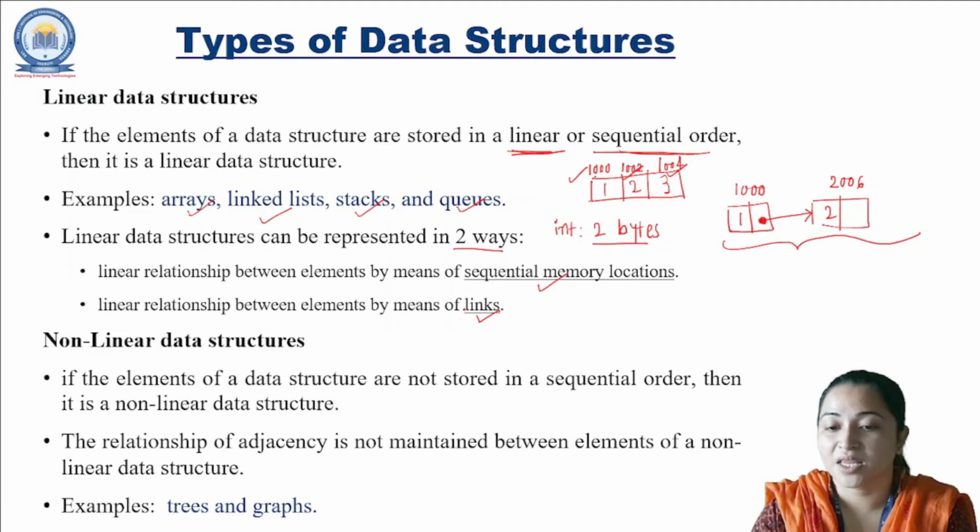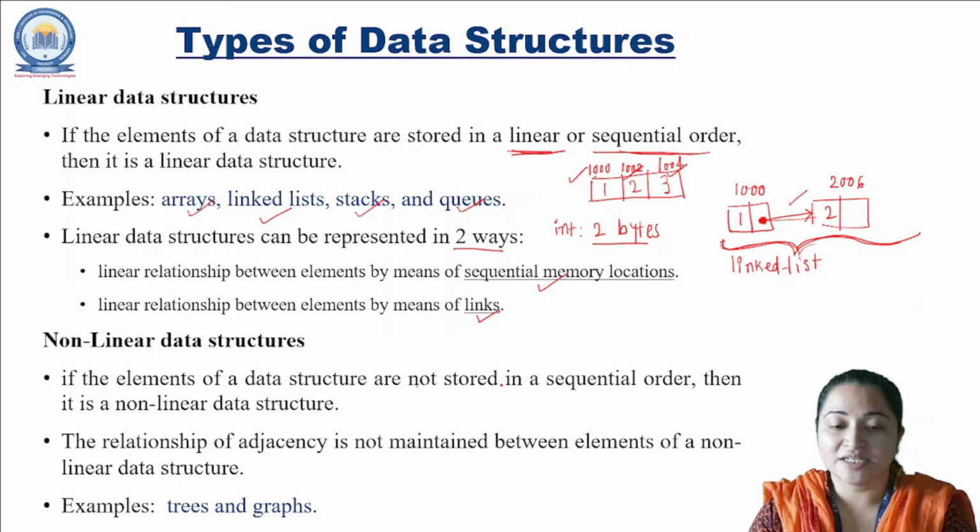So by means of these links, we can again create a linear data structure. These are two ways. This type of linear structure which is connected through links is a linked list. So these are two ways to represent linear data structures.